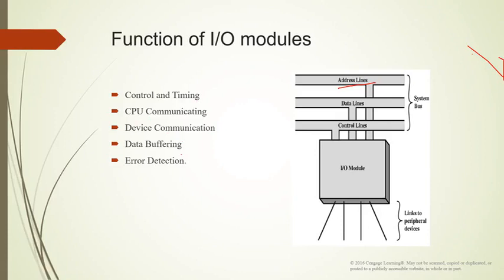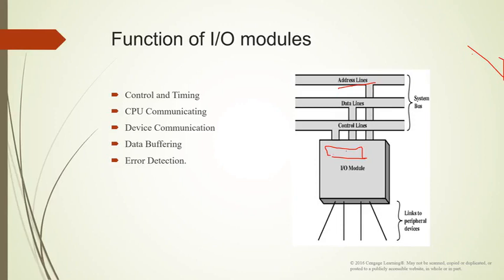And the data buffer. Why use a data buffer here? The reason is that external devices or input devices have very slow data processing and transaction times. So they have to keep temporary data inside here, because RAM or the CPU access data faster than the external device.